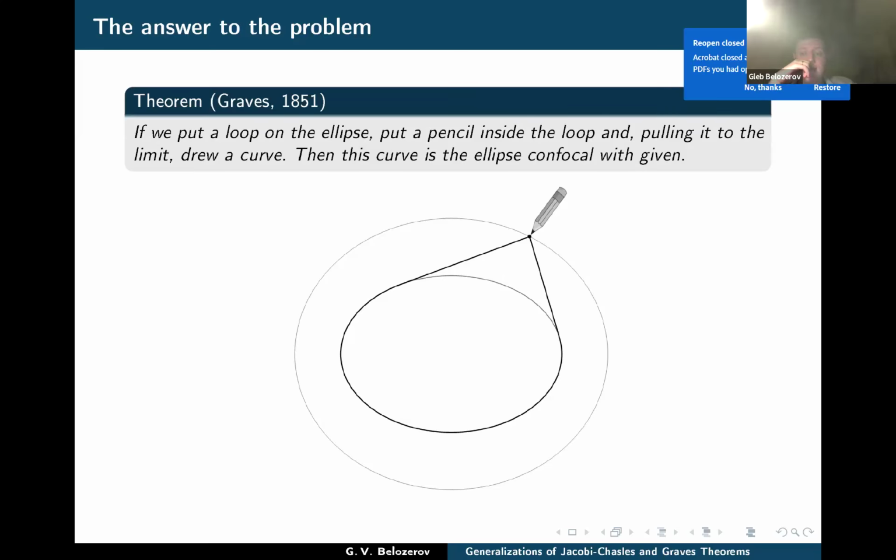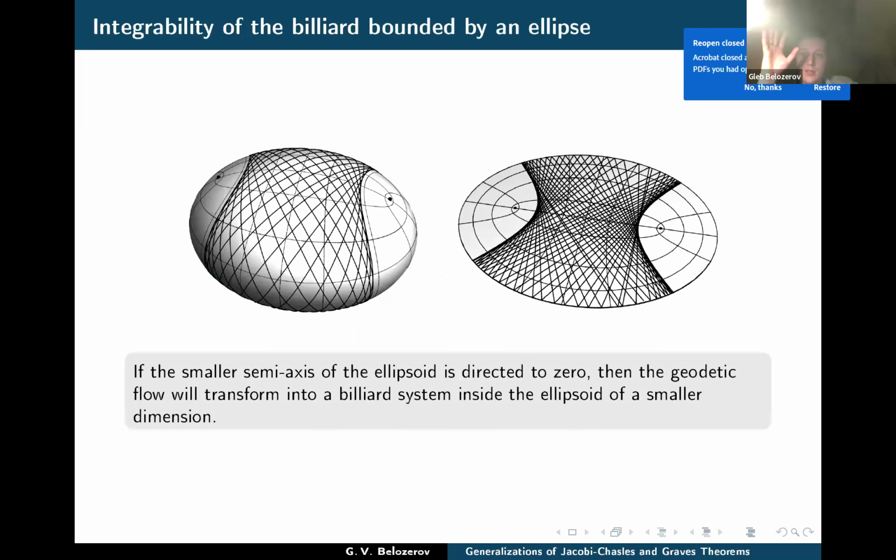So this fact has an interesting generalization for an arbitrary dimension. And to do this, we need to discuss some basic facts about integrable billiards. Consider the geodesic flow on an ellipsoid.